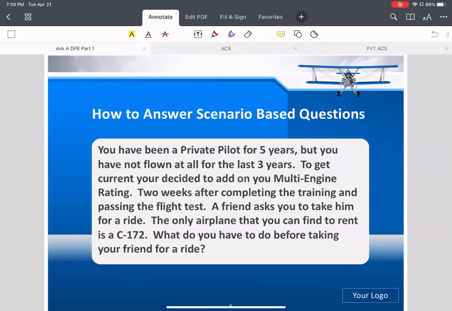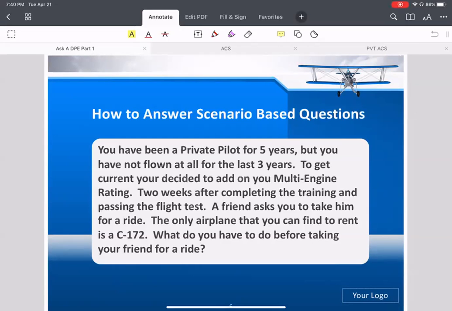Well, you've said they passed the practical test for the multi-engine rating, right? Correct. Does that count as a flight review? Under 61.56(d), I think it is. If they passed the practical test. Yep. And that's one of those things that this scenario of a question probably is not a private pilot scenario of a question.